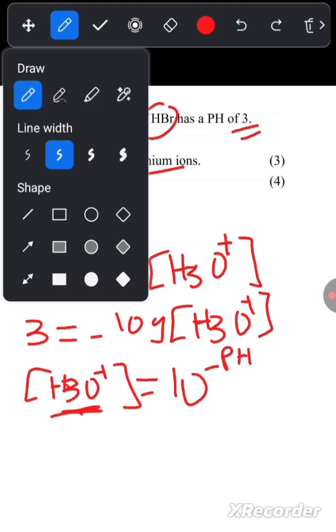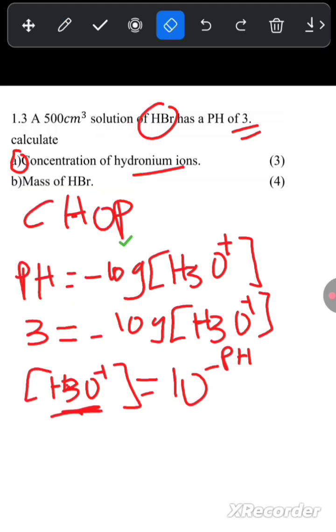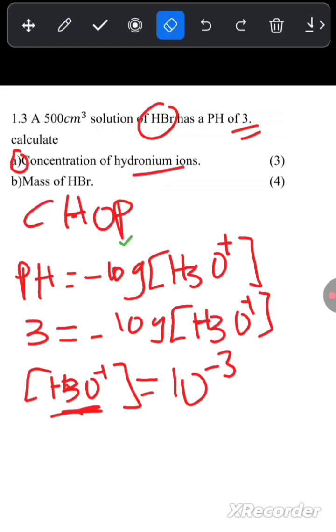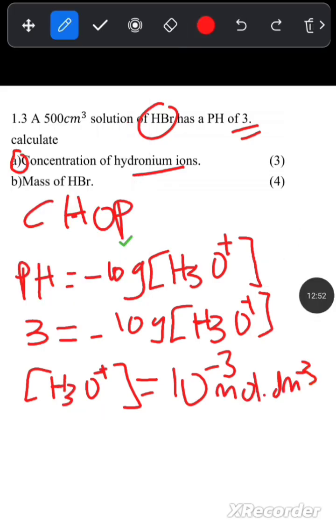But we already have our pH. What is our pH? It is 3. So I put 3 there, and then mole per cubic decimeter.